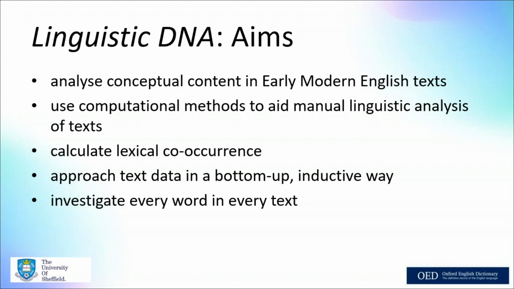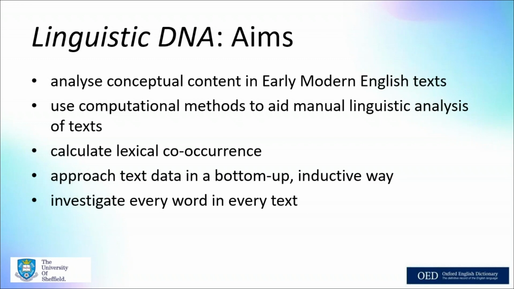And we wanted to use computational methods and to design a new computational tool alongside manual linguistic analysis of texts in order to analyze the conceptual content. So we knew that we wanted to process big data, but also that we wanted to do close reading as linguists. So in order to get at conceptual content and meaning, we wanted to calculate lexical co-occurrence.